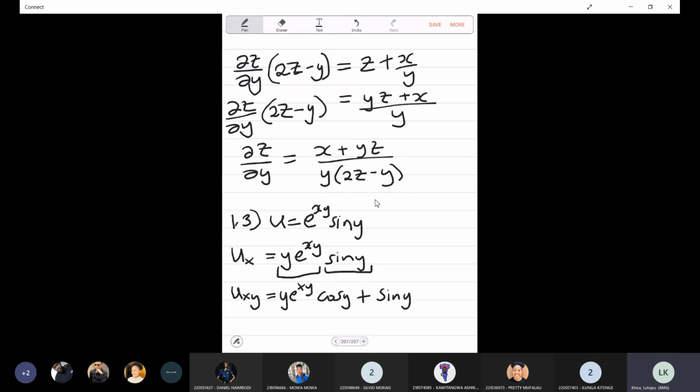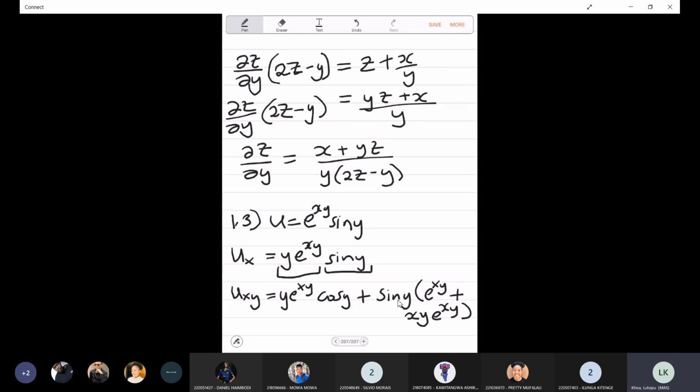First, the derivative of y is 1, so it's 1 times e to the power of xy, and then y as it is, multiplied by the derivative of e to the power of xy, which is x e to the power of xy. So I have xy e to the power of xy, like that.